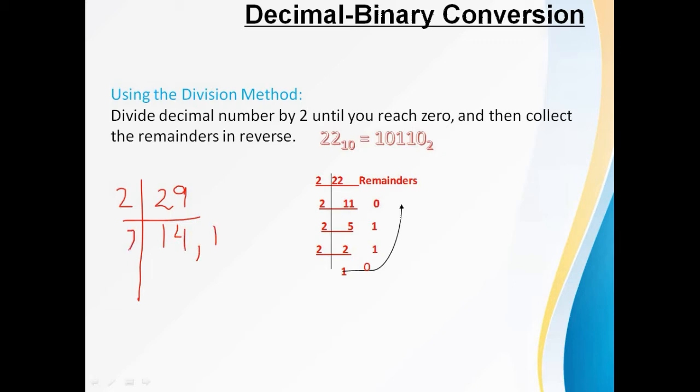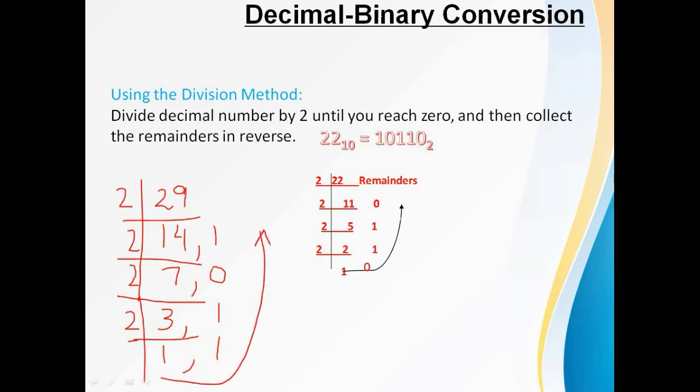10110 base 2. Here, if you divide 29 by 2, 14 will be the result and 1 will be the remainder. If we divide 14 by 2, 7 will be the result and 0 will be the remainder. 2 3s are 6 and 1 will be the remainder. 2 1s are 2. We are having quotient 1 and also remainder 1. Answer will be 11101.